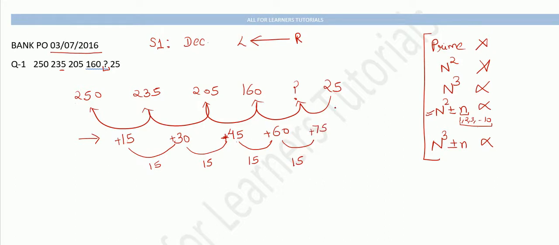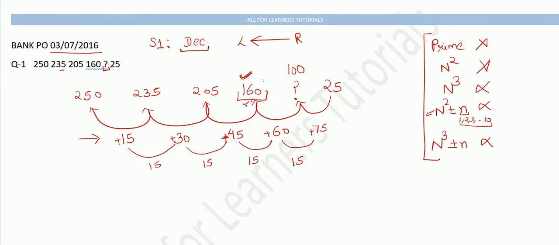So 25 plus 75: just remember this direction, because we are using the decreasing series, so we go from right to left. 25 plus 75 is 100. 100 plus 60 is 160. That means our logic is completely correct, because after applying our logic we are getting the number which is already given in the series.